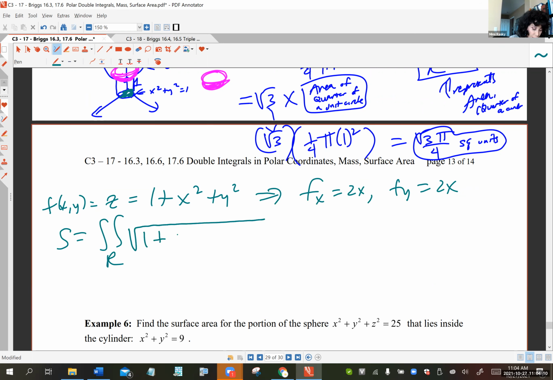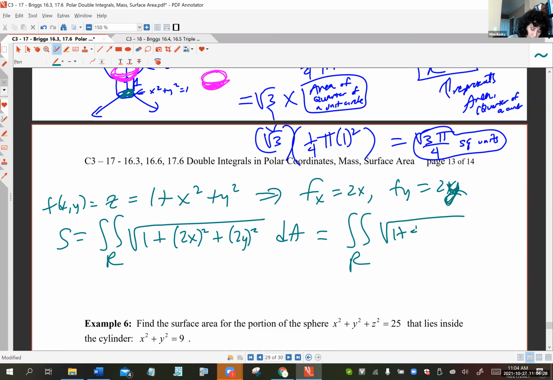And then you've got your big ginormous radical. That f_y should be a 2y. My apologies. I wrote it down wrong. dA. Okay, so this is going to look like square root of 1 plus 4x squared plus 4y squared.